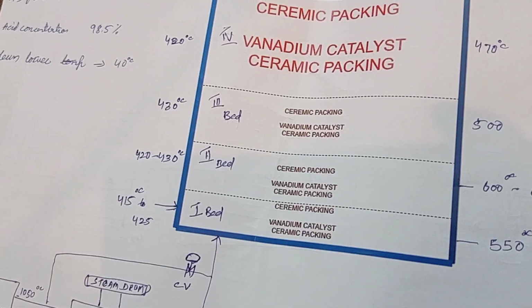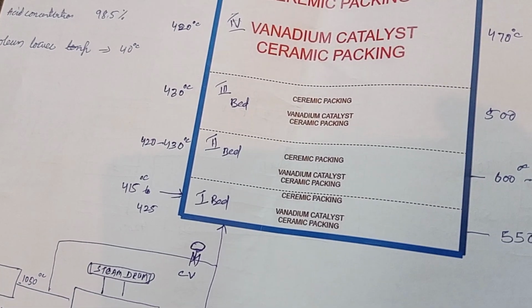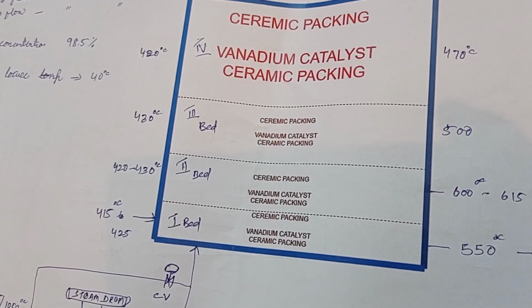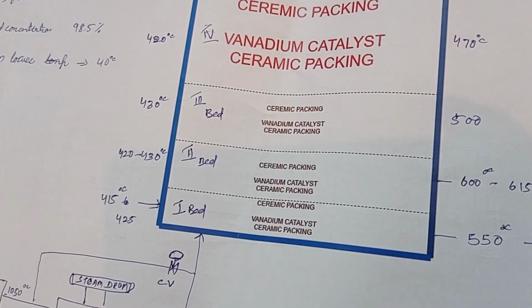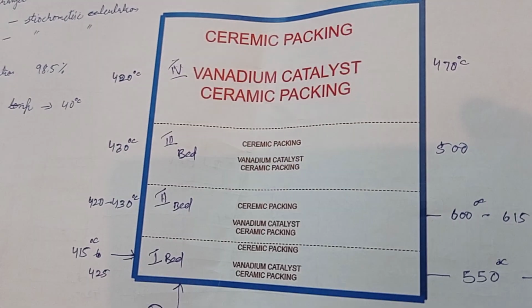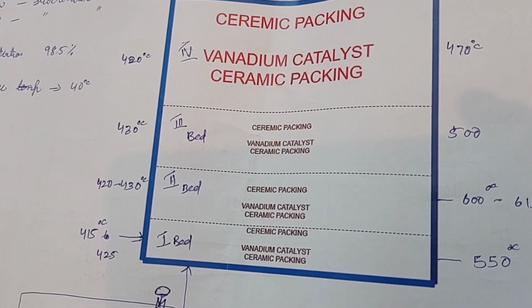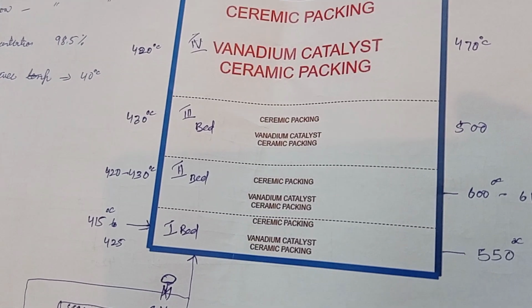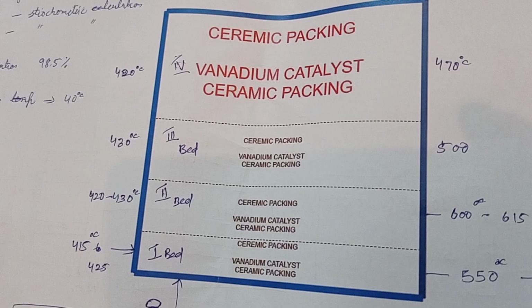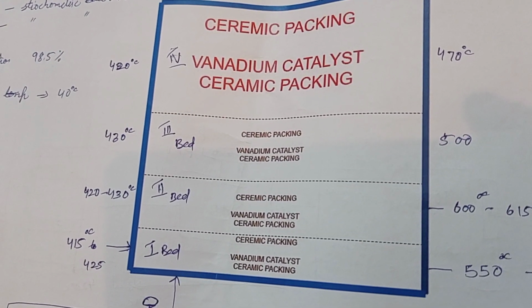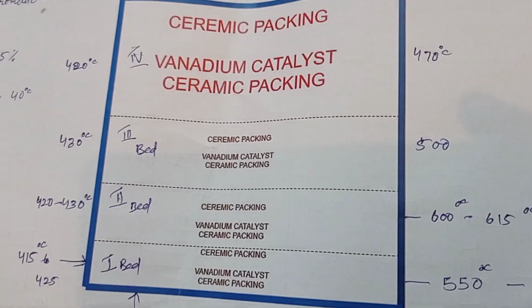If we kept all the bulk catalyst in a single bed, then it's very difficult to control the temperature. That is why we use different types of exchangers, waste heat boiler or steam drum, and economizer to reduce this temperature, and we utilize this heat to maintain the heat in the plant, and also to generate steam, which in turn is useful to generate electricity.